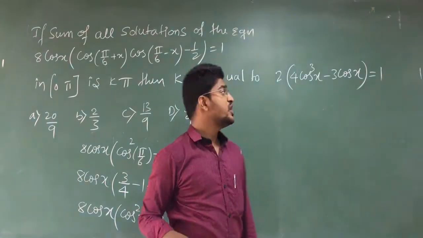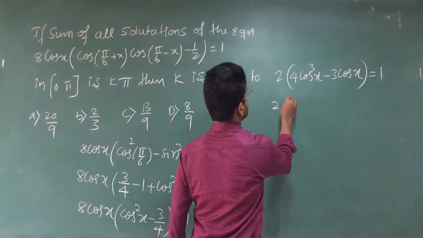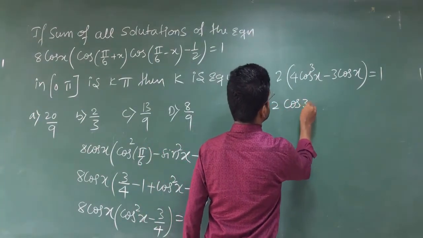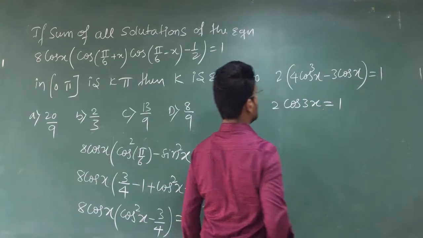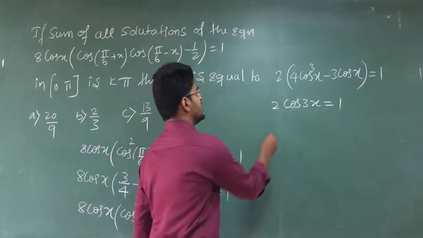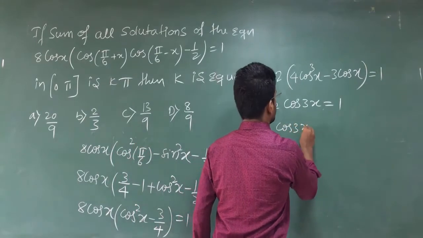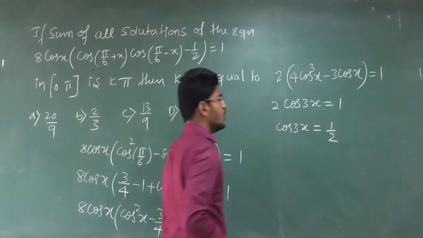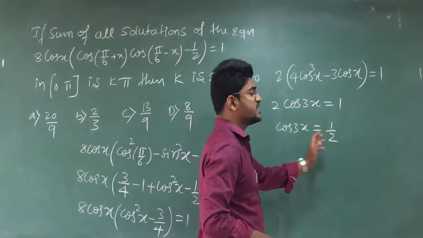Clear? So therefore you are going to have 2 times cos 3x equal to 1. So therefore you are going to get cos 3x equal to 1 by 2.